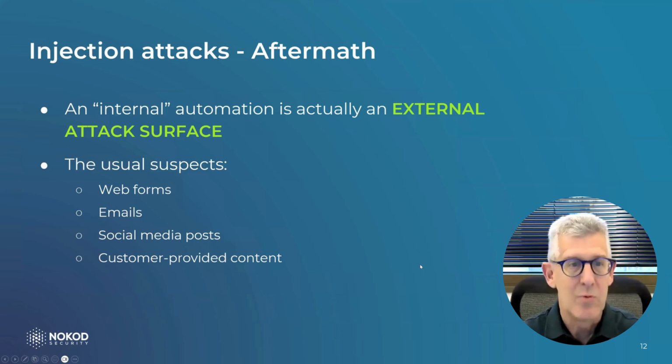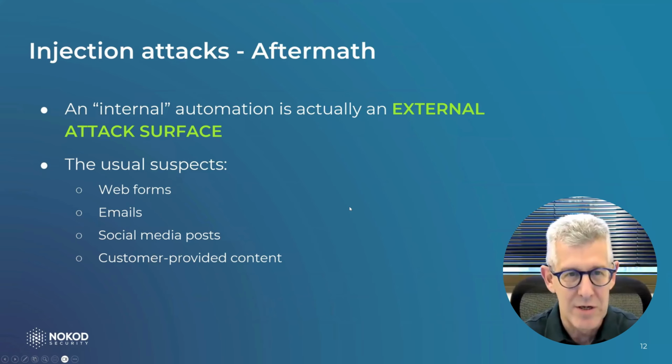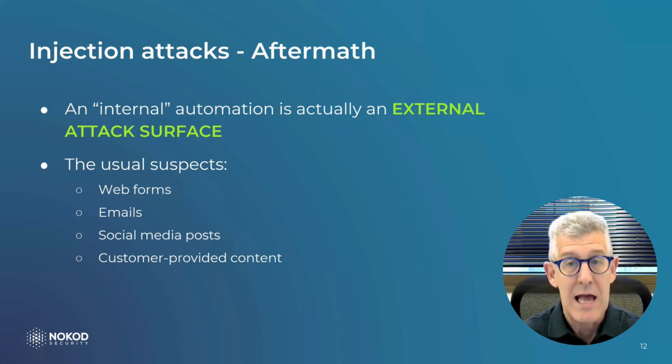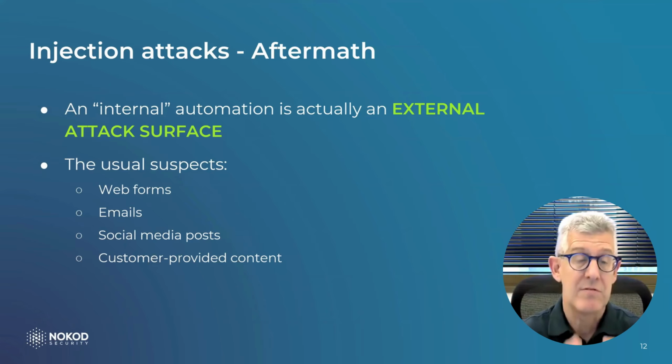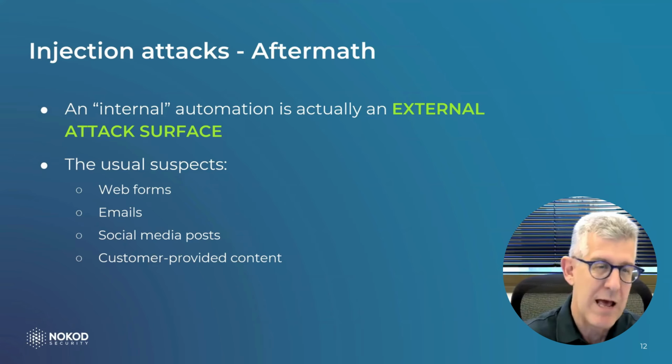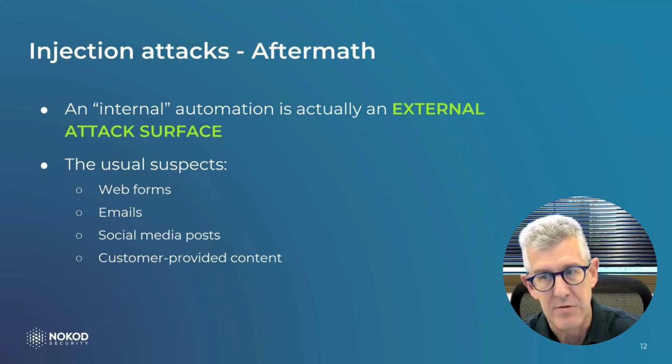So what we have seen is that I created an internal automation that actually created an external attack surface and exposed critical internal data assets. Now, Microsoft Forms is just one example of how a Power Automate flow becomes an external attack surface.